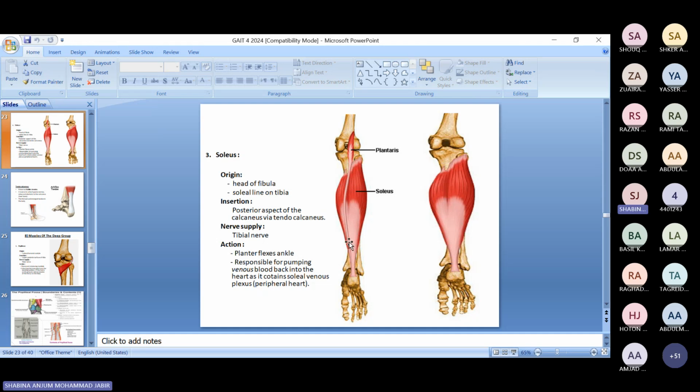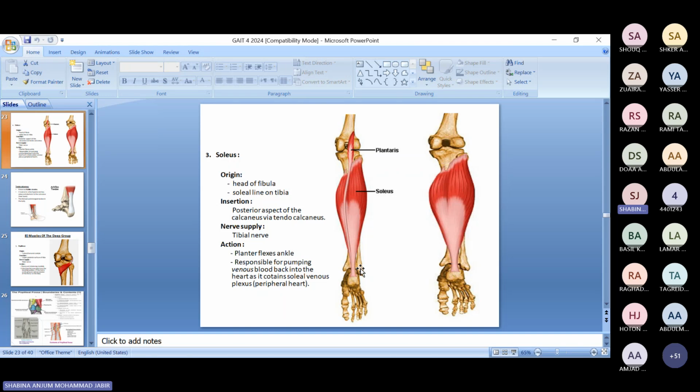It is also inserted over the posterior aspect of the calcaneum through the tendocalcaneus. The nerve supply is the tibial nerve. What will be the action? As we know, this is responsible for plantar flexion of the ankle joint.